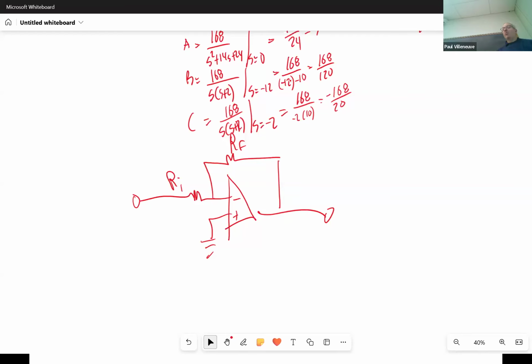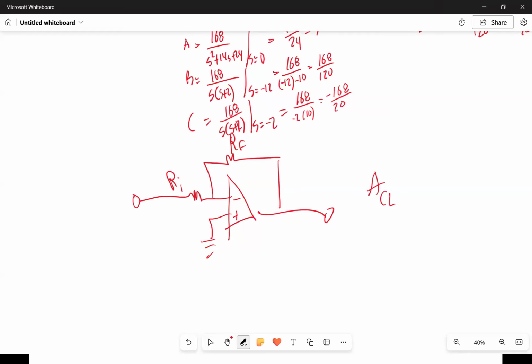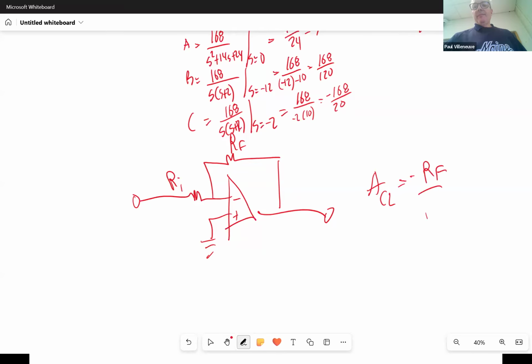Okay. So what is the gain of this system? Negative RF over RI. Be careful, I didn't give you enough information. I said the gain of the system. Ah. My closed loop gain, right? So we need to append that. What is the definition of the closed loop gain of the system? Isn't that V out over VN? Didn't you learn that?